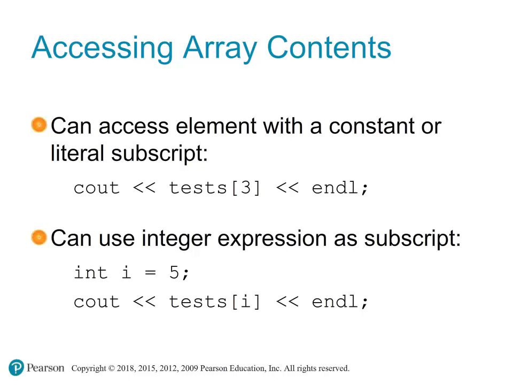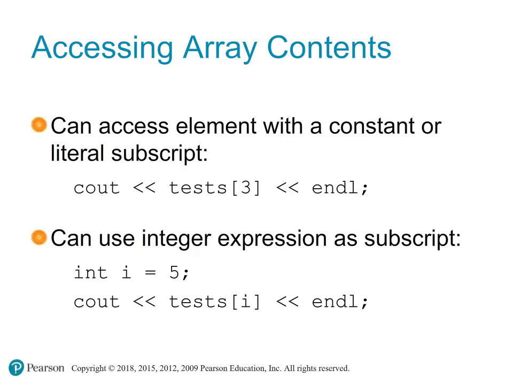Arrays also allow for more dynamic access through integer expressions. For example, you can use a variable like i as the subscript to access an array element in test[i]. Using a variable as a subscript is especially useful in loops or conditional statements where the exact index may not be known in advance.